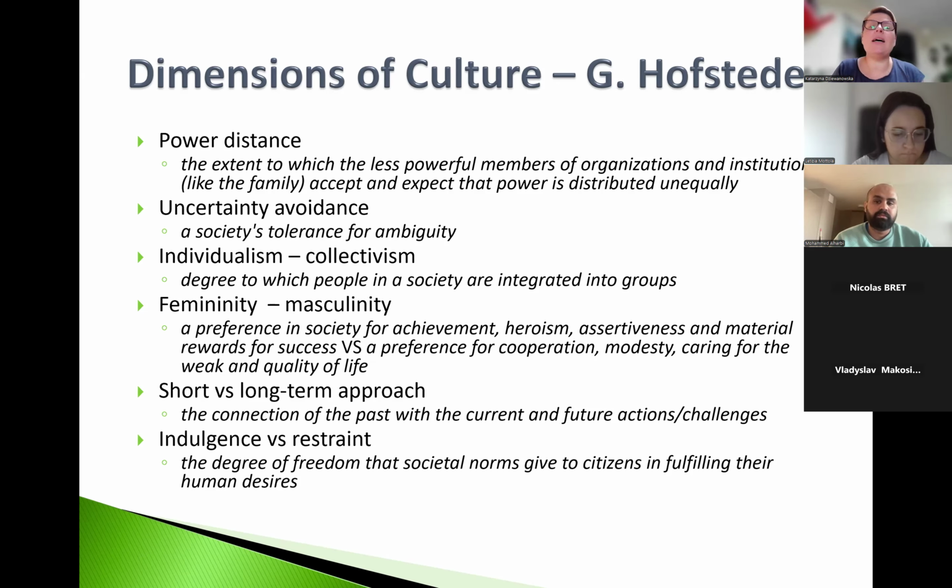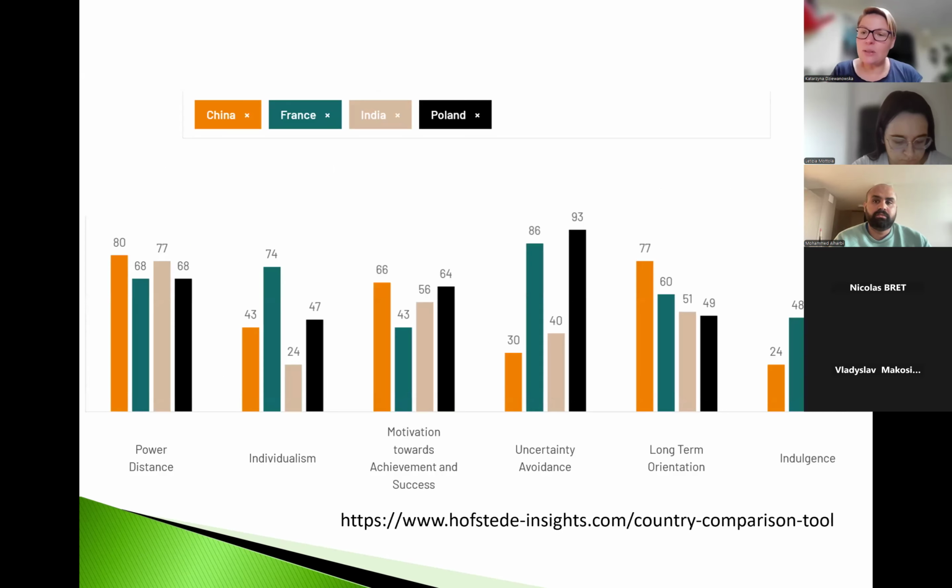And I'm mentioning that because there is actually a website that has this handy tool, and when you have a certain set of countries, you can have this comparison in different aspects, and you can see graphically. You don't have to collect the information, it is collected for you, and you can see the differences, right?